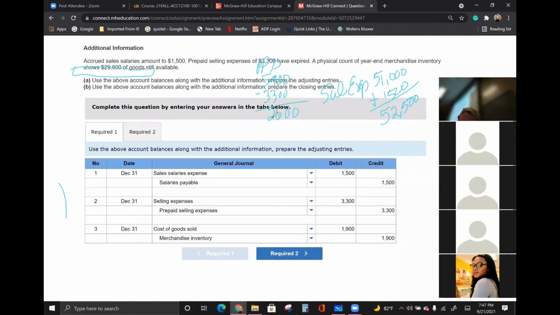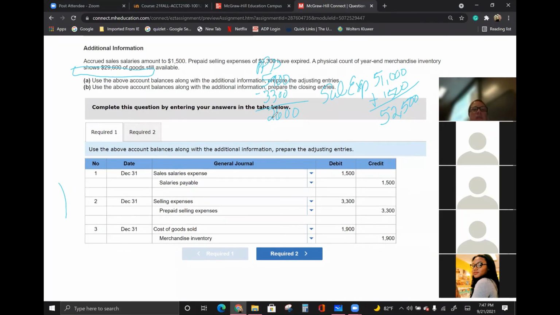So cost of goods sold is where I'm going to capture the cost of that merchandise that is lost or whatever happened on why I have that discrepancy, but I need to reconcile it to what I actually have. So I'm going to increase my costs because those products are gone, and I'm going to reduce my inventory.